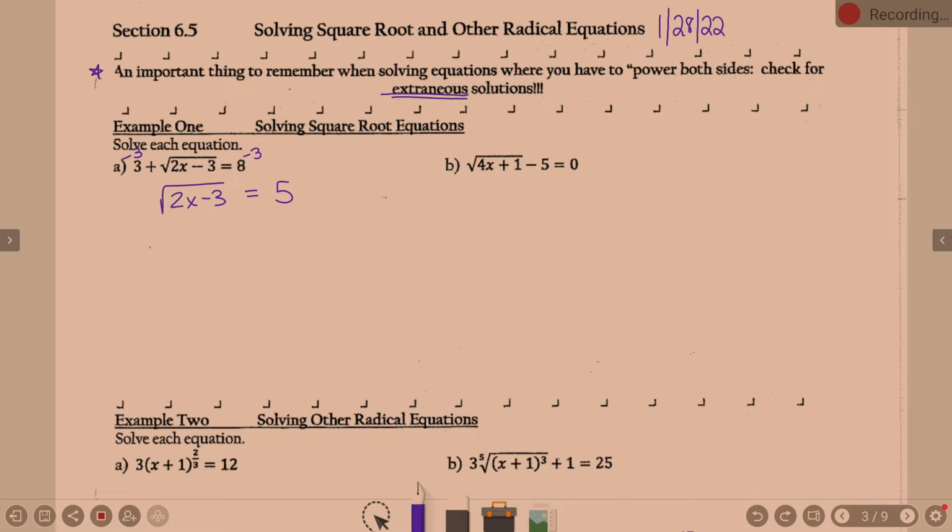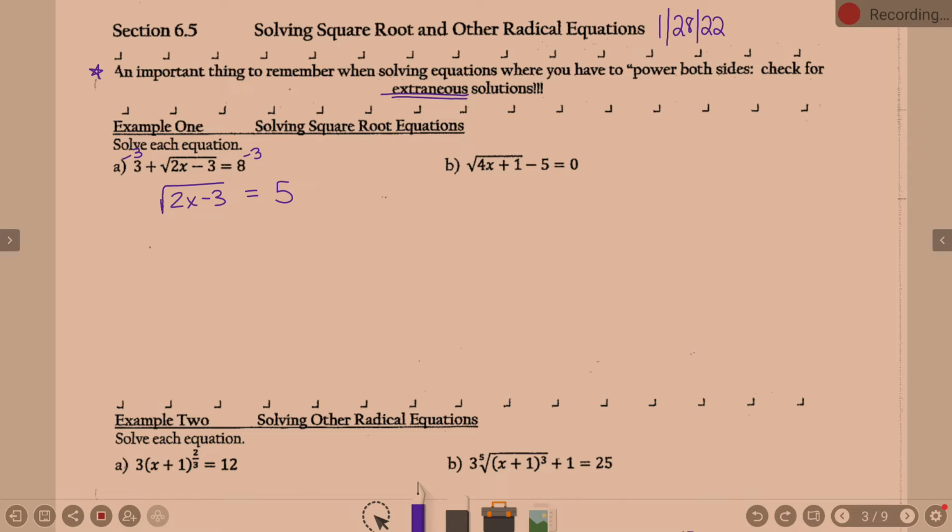Now, we need the radical to disappear. And this is where we talked about, up here it talks about powering both sides. What power can I raise a square root to that's going to get it to disappear and be gone?